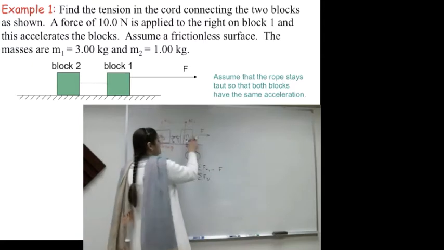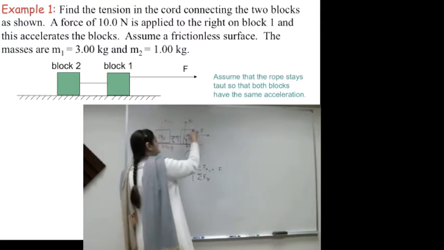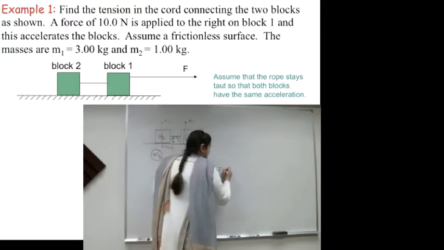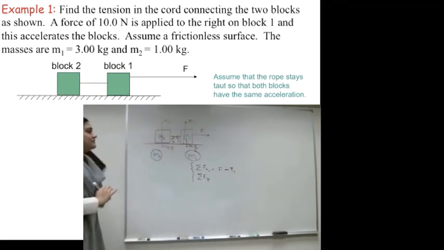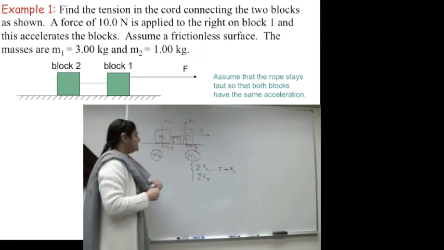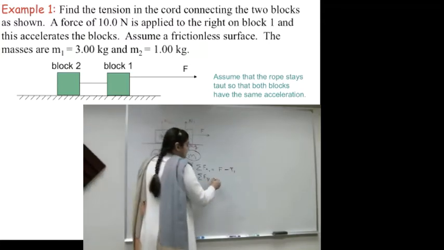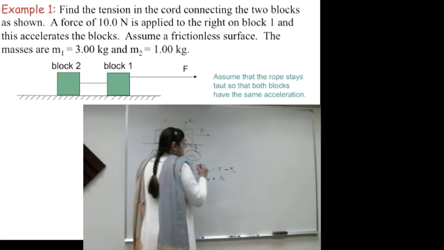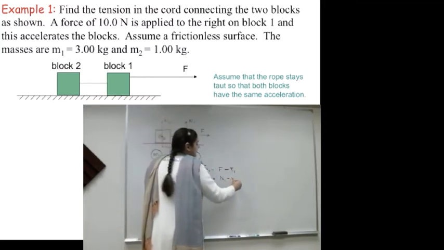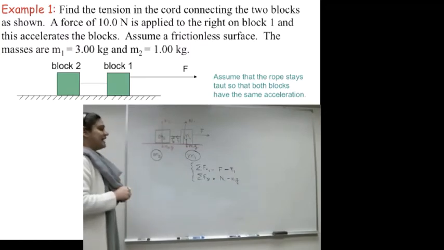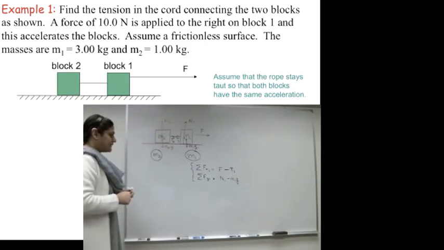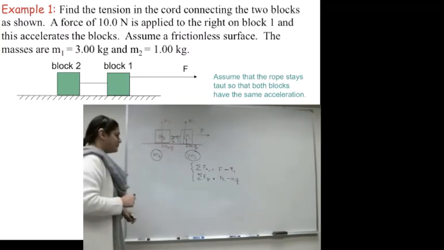Okay? So the force acting in this direction is that one, and then there is a tensional force acting in the opposite direction because of the presence of M2. Okay? For my y direction, I have a normal force acting up, and I have a gravitational pull acting downwards. So these are all the forces on M1.